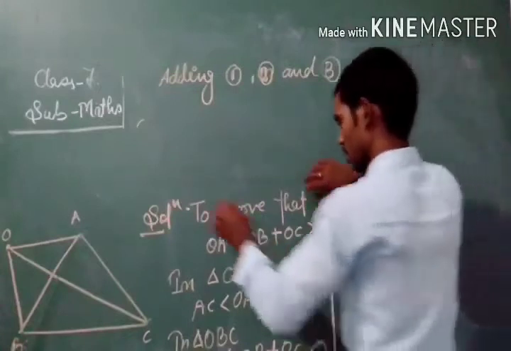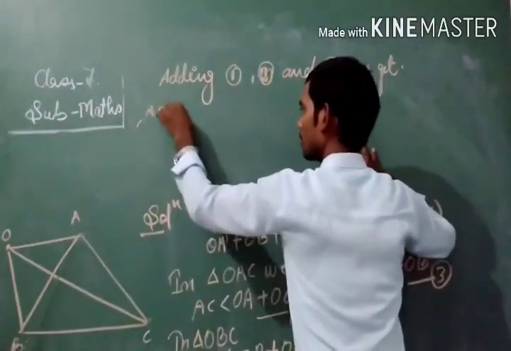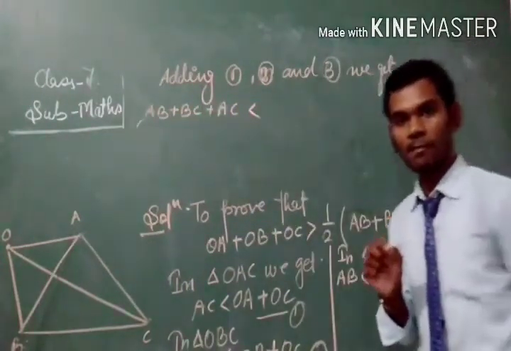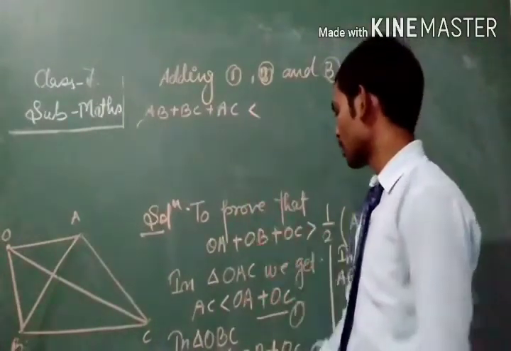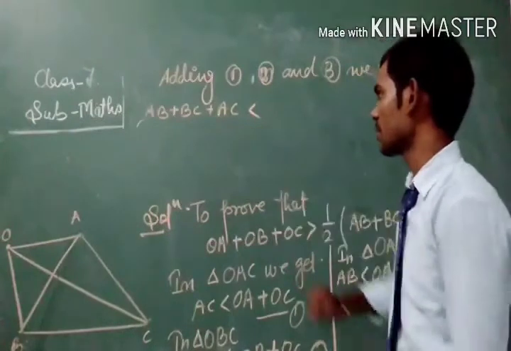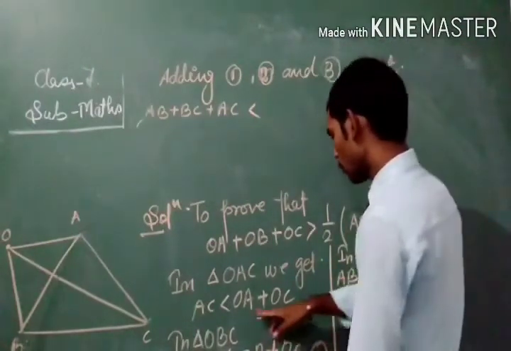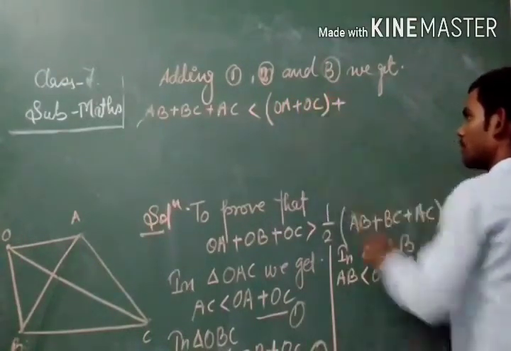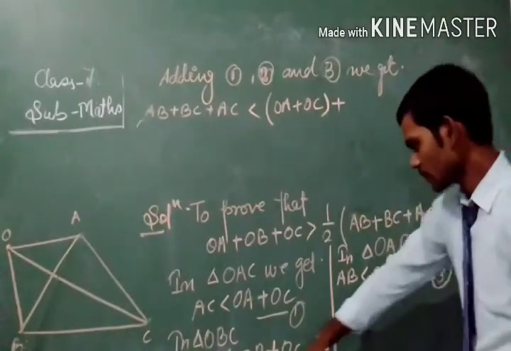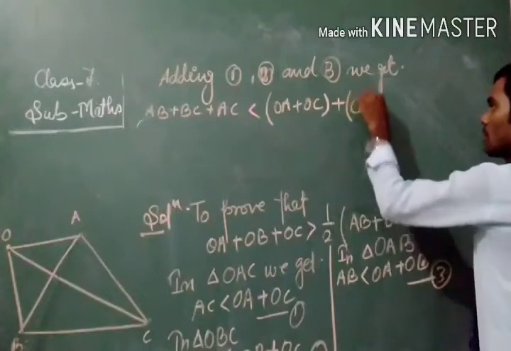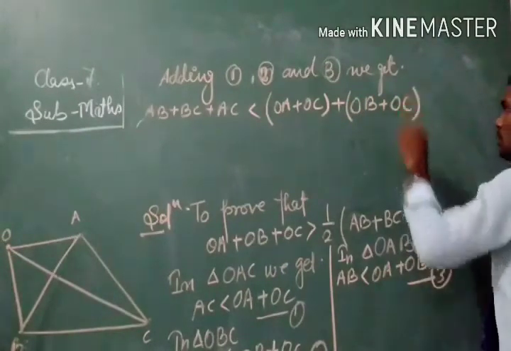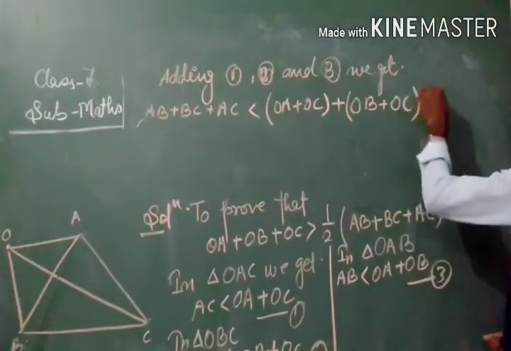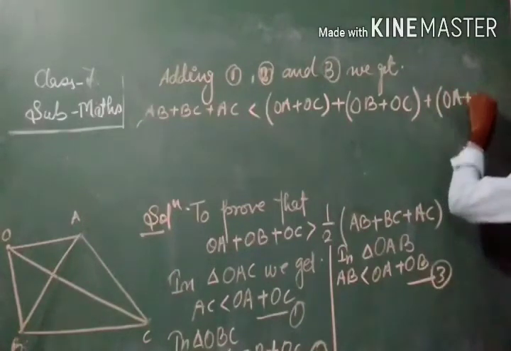When we add, we get AB plus BC plus AC is less than, first of all, we write on the left side the sum of the three left sides, AB plus BC plus AC, and this is smaller than OA plus OC, plus OB plus OC, and the third is OA plus OB.